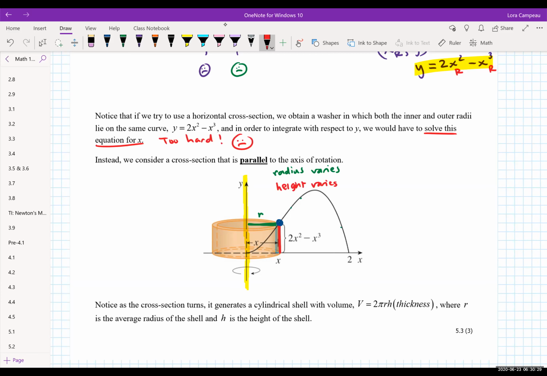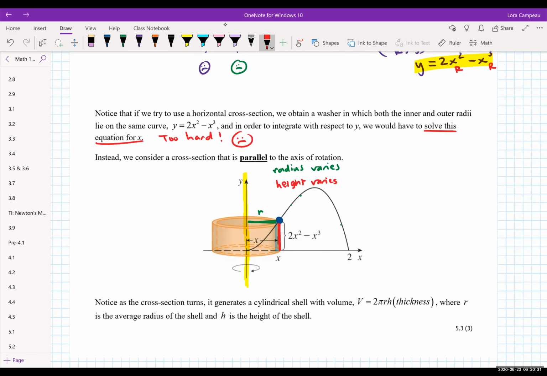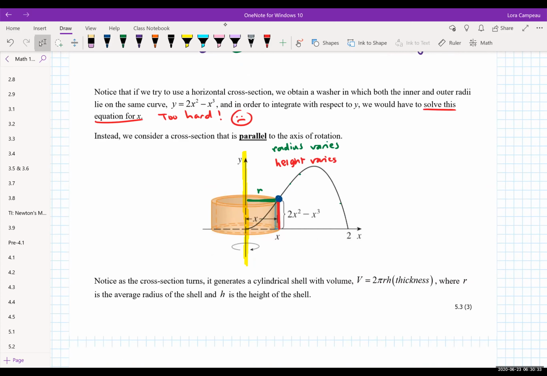So instead of playing around with how everything keeps varying, we take r as the average radius of the shell, because there are two radii going on, and they're varying along the way. Keep that in mind: r is the average radius of the shell, and h is the height of the shell, which we're used to already.